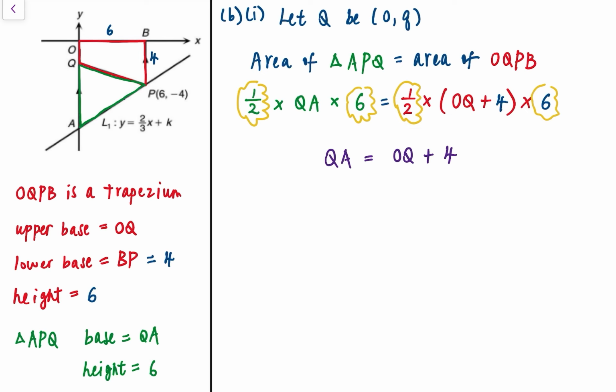And let's express QA in terms of lowercase letter q. Referring to the diagram, the length of QA is q minus -8. You always take the greater value, which is q, minus the smaller value, -8. So that will give us the length of QA.